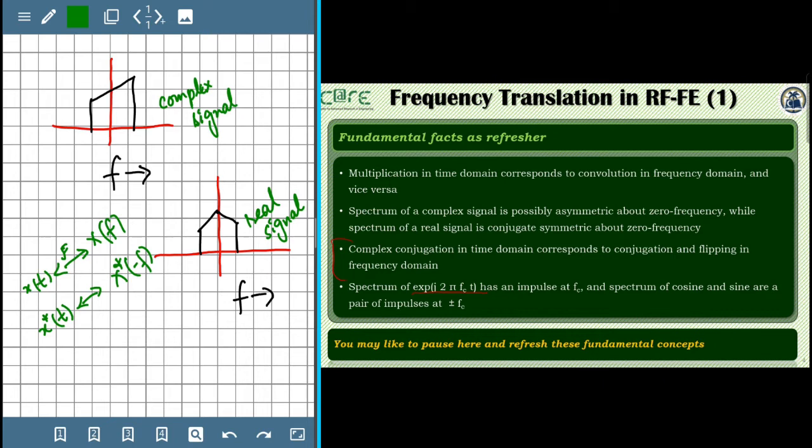So I repeat, the complex exponential e power j 2 pi fct has a Fourier transform that looks something like this. It has an impulse at fc. The Fourier transform of sine and cosine are a pair of impulses at plus fc and minus fc.